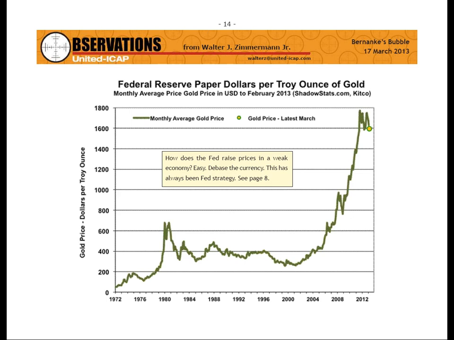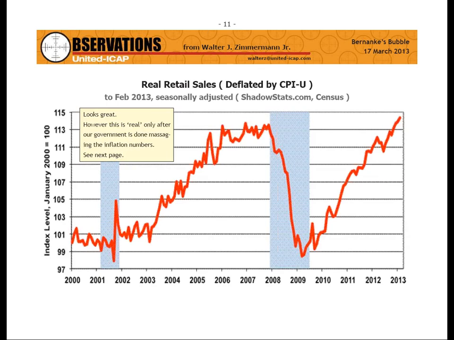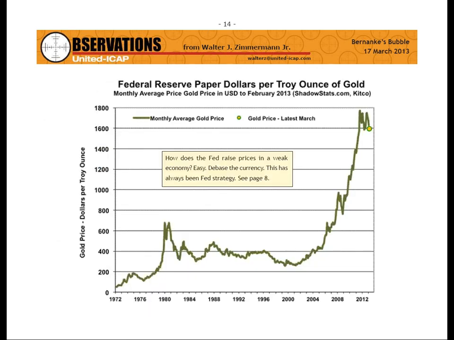Now, this is another variation of that CPI chart that we showed. This one here. This is the amount of dollars per ounce of gold. In other words, how many dollars does it take to buy an ounce of gold?